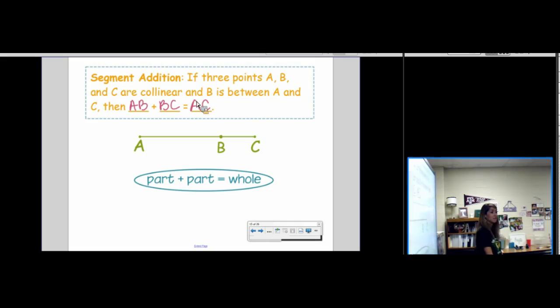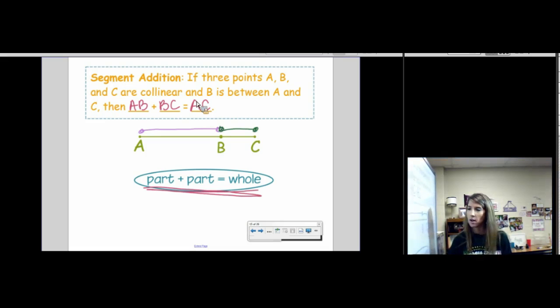That's the postulate. In layman's terms, or in conversational terms, part plus part equals whole. So it's saying that if I added the purple plus the green, I would equal the red. That's pretty easy. Purple plus green equals red.